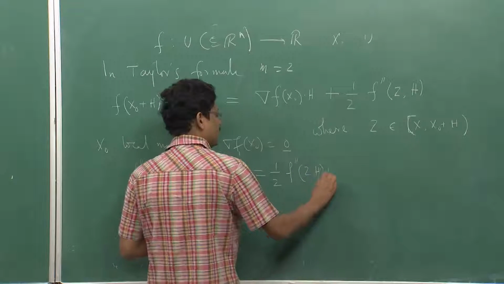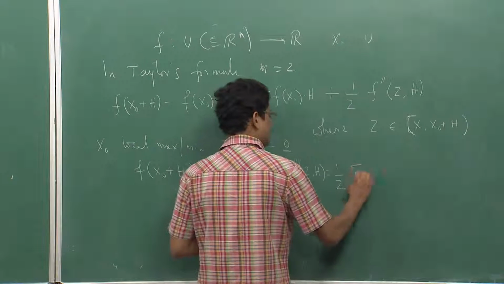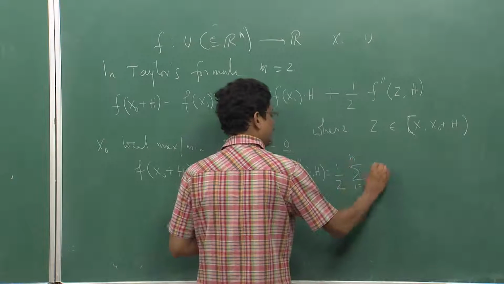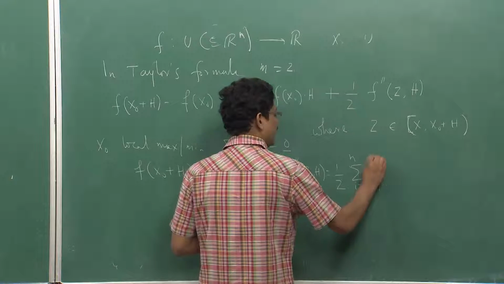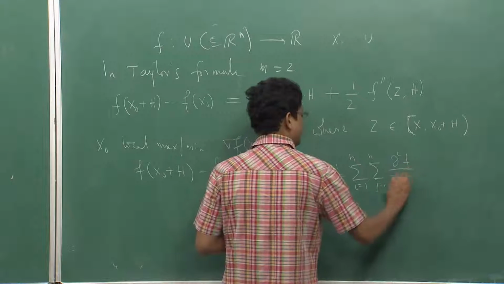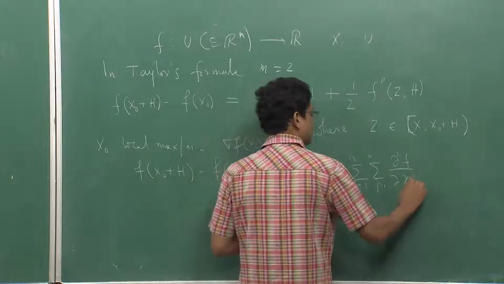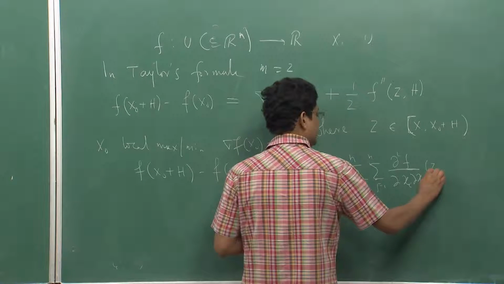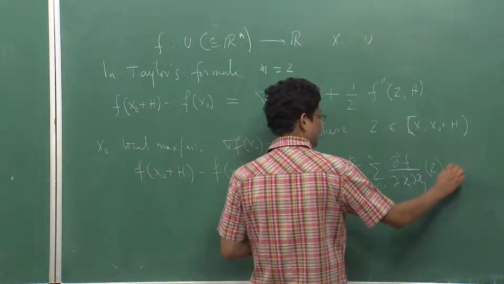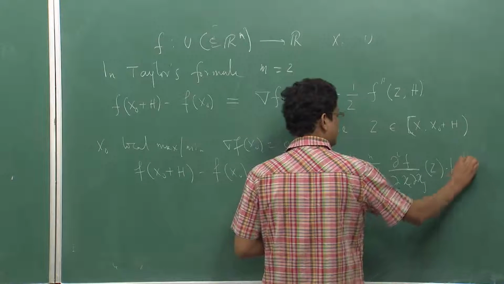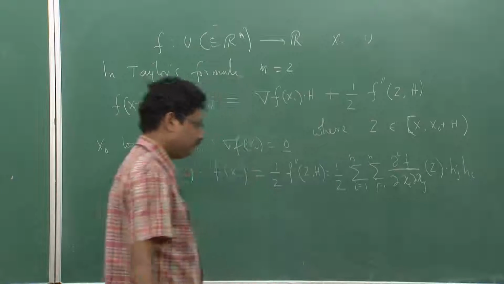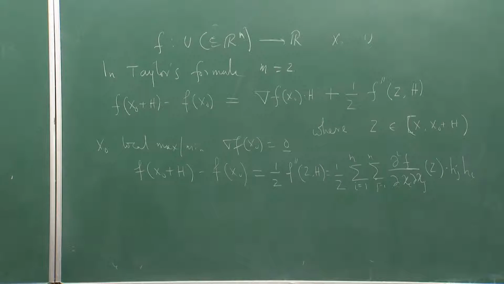Now, I write it in this formula: summation i equal to 1 to n, j equal to 1 to n, del square f by del xi del xj at z, hj hi. Okay.